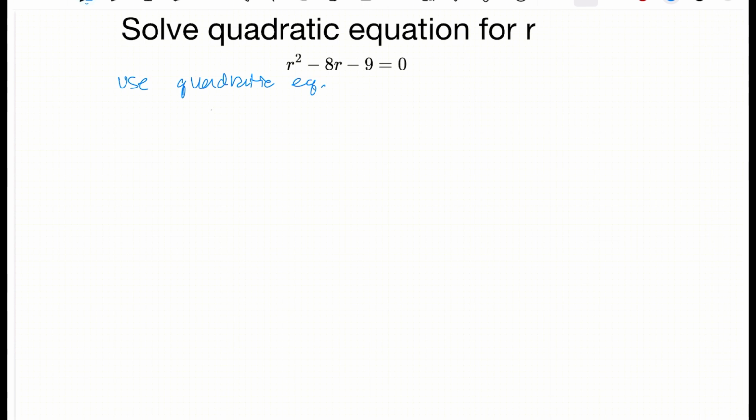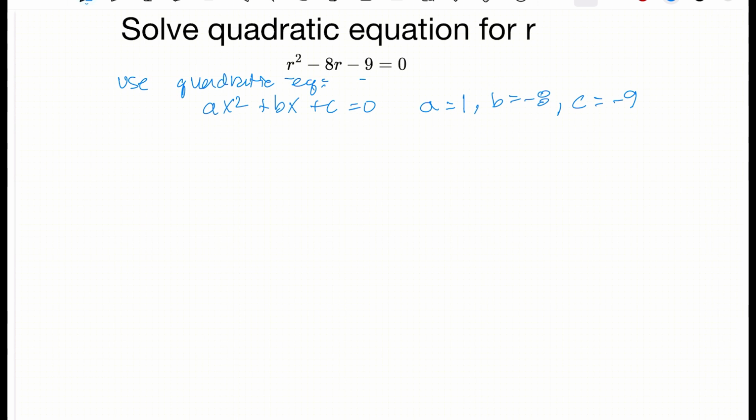So in this case, the general form is ax squared plus bx plus c is equal to 0. Equating like terms, a is equal to 1. That's the coefficient in front of the r squared. b is equal to minus 8, because that's the coefficient in front of the r. And c is equal to minus 9.